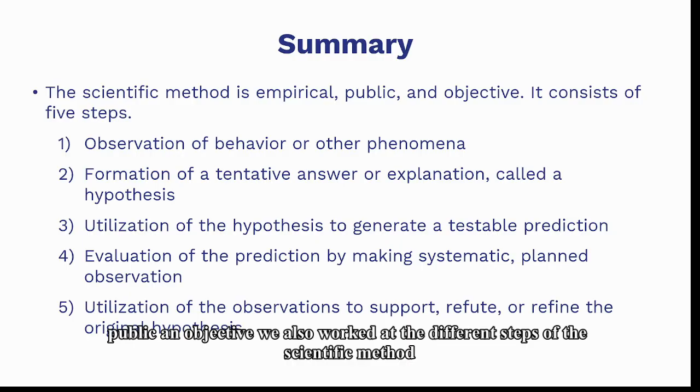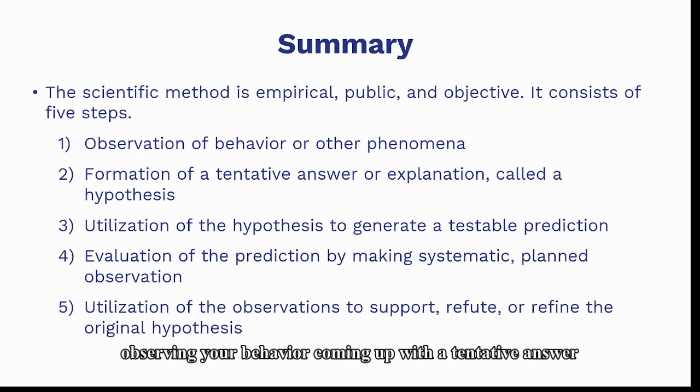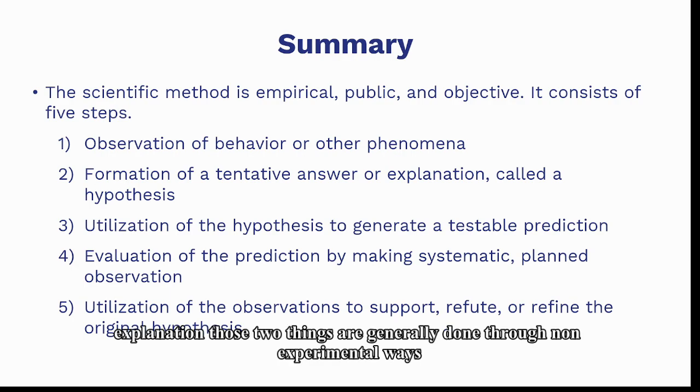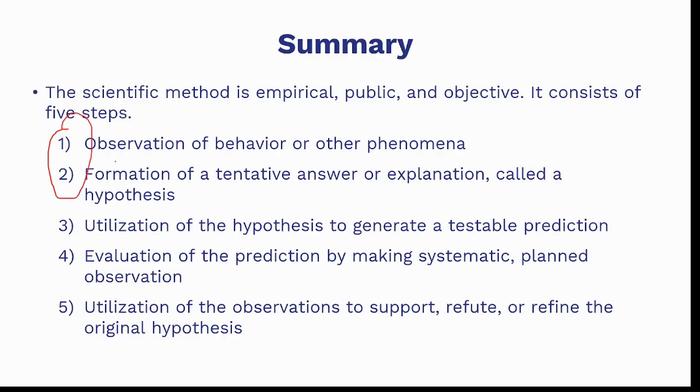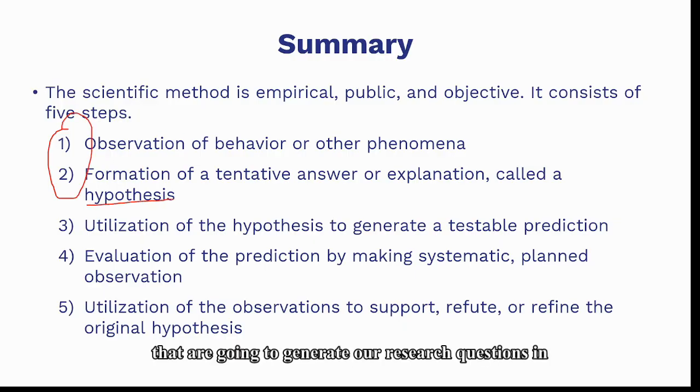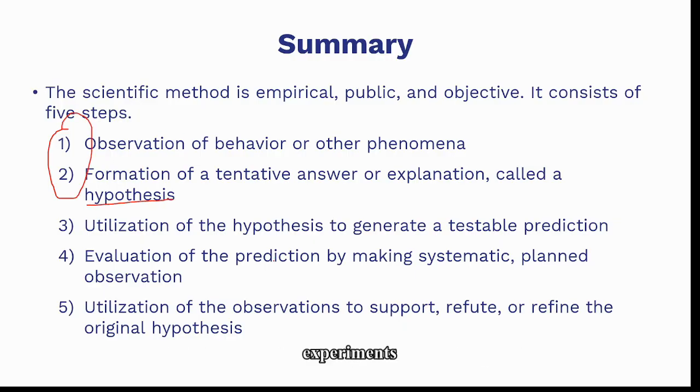We also looked at the different steps of the scientific method: observing a behavior, coming up with a tentative explanation. Those two things are generally done through non-experimental ways, right? It's where we have our correlational studies that are going to generate our research questions in experiments.